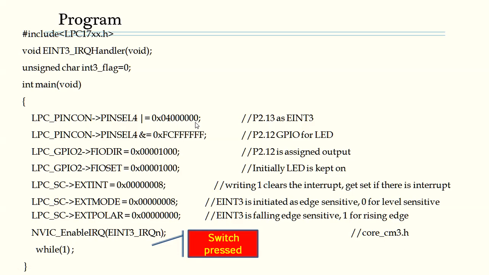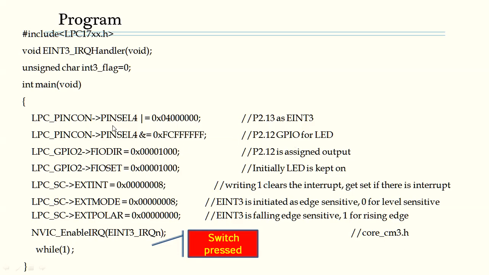As I said, the problem here is that we are going to use the external interrupt 3 which is connected to the switch. So once you press the switch, an interrupt occurs to the main program, and what we are writing in the ISR is the glowing of the LED. The second time you press the switch, it puts the LED off. That is what is expected from this particular program.